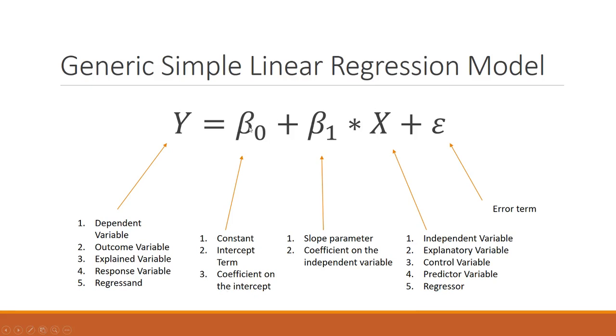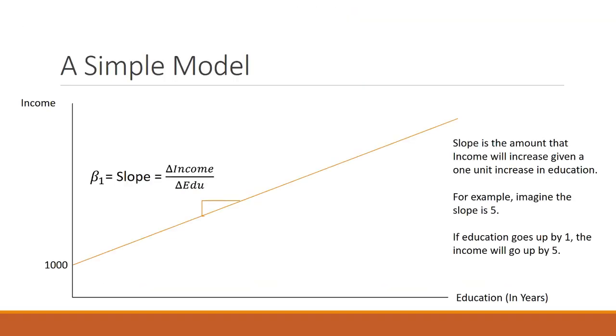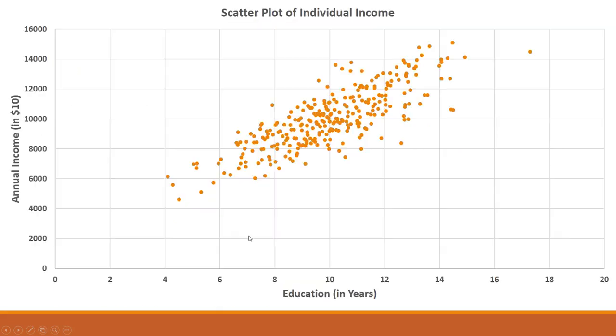Basically, beta 0 tells you whatever value y is going to be when x equals 0. It's the intercept. So it's like our linear line I showed you before. In our initial example, beta 0 was 1,000. It's the value of income when education equals 0.